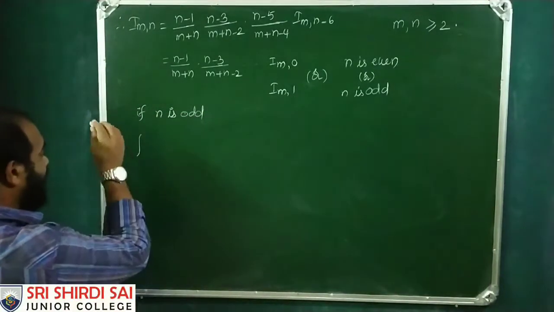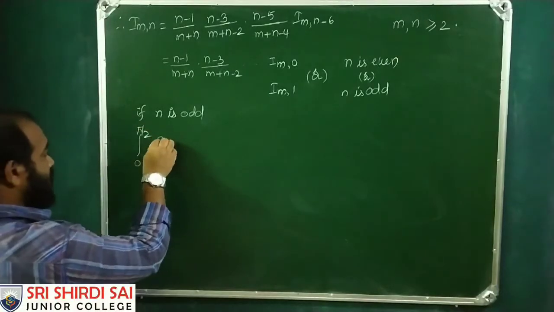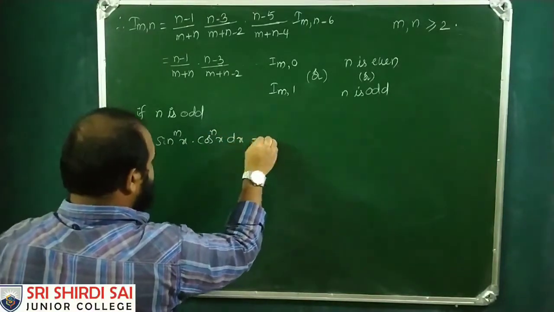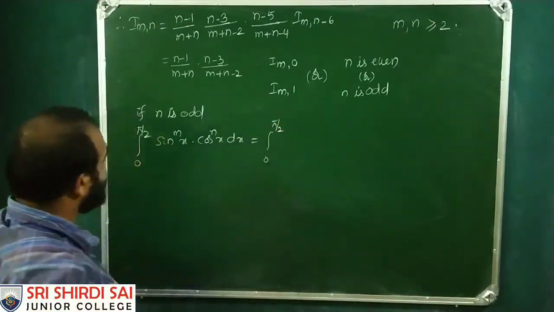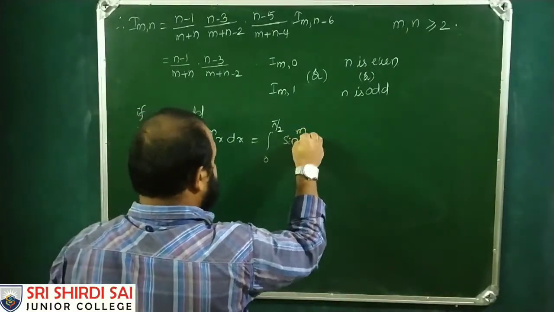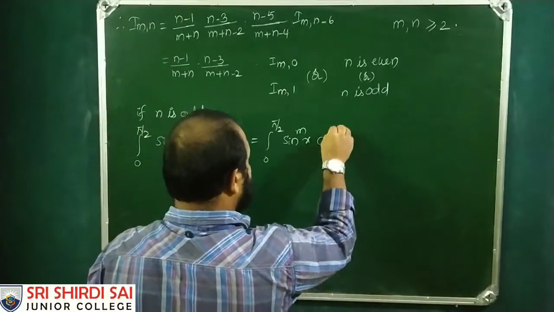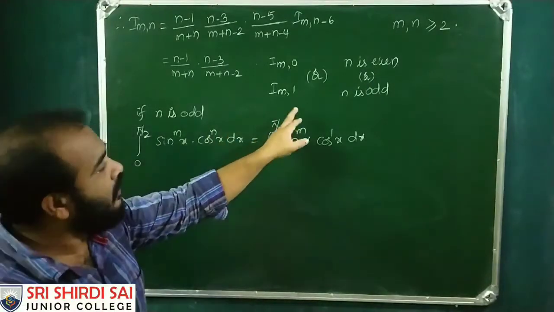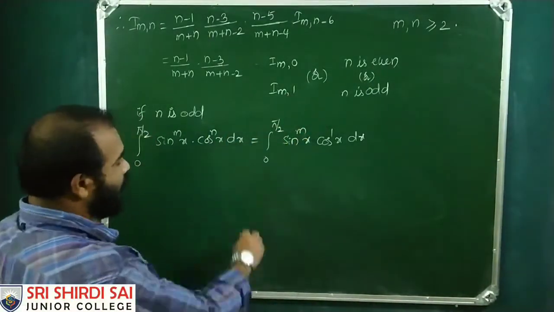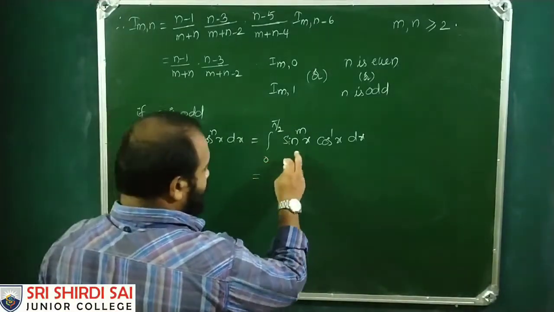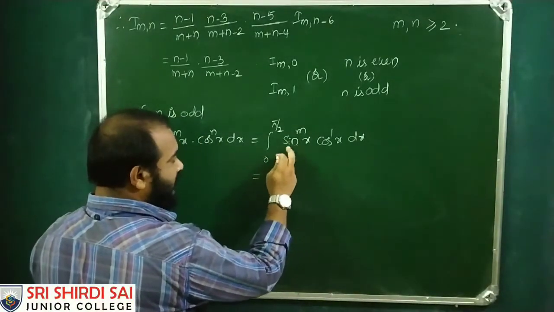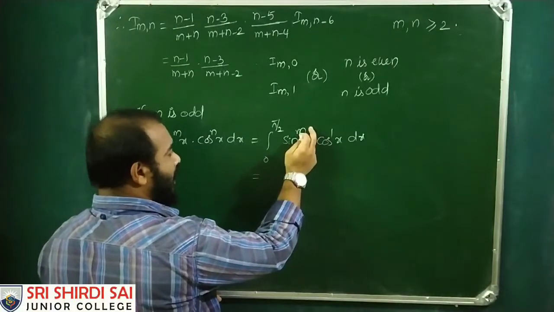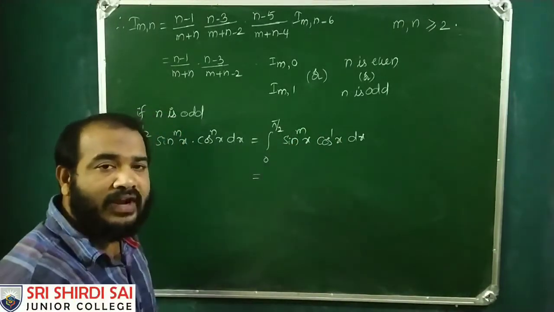That is, the integral from 0 to pi/2 of sin^m x cos^n x dx equals the integral from 0 to pi/2 of sin^m x cos x dx, because if n is odd, the last will be I(m,1). Taking sin x as t, its derivative is cos x, so [f(x)]^m f'(x) integrates to [f(x)]^(m+1)/(m+1).